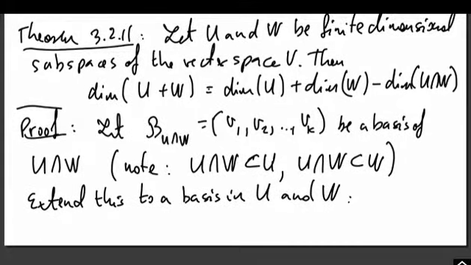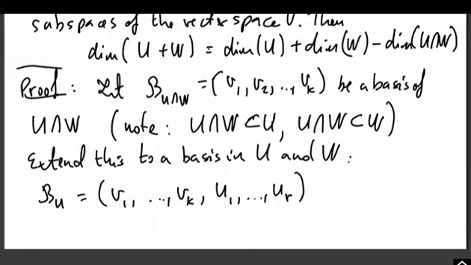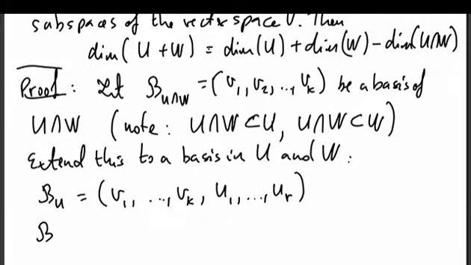So in U, we will have a basis of vectors starting with these vectors and then continue with vectors, say u1, ..., ur, and then we extend it into a basis in W. So in addition to these v vectors, we have to add some w vectors.